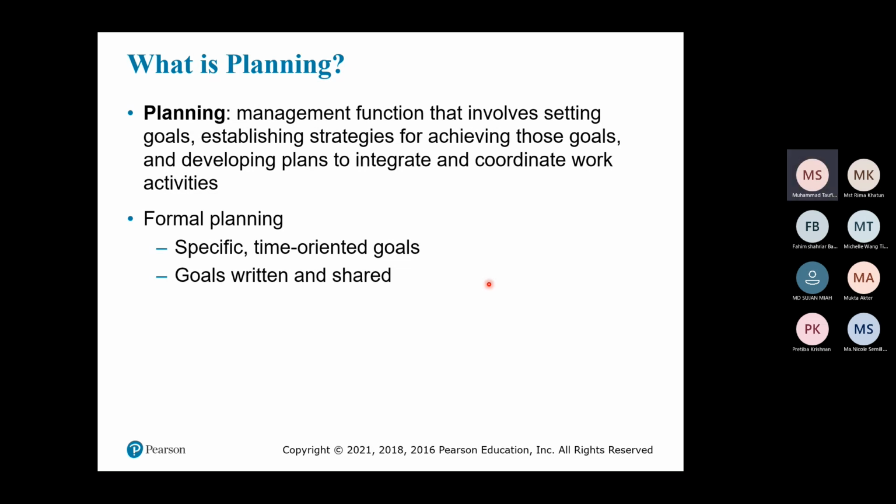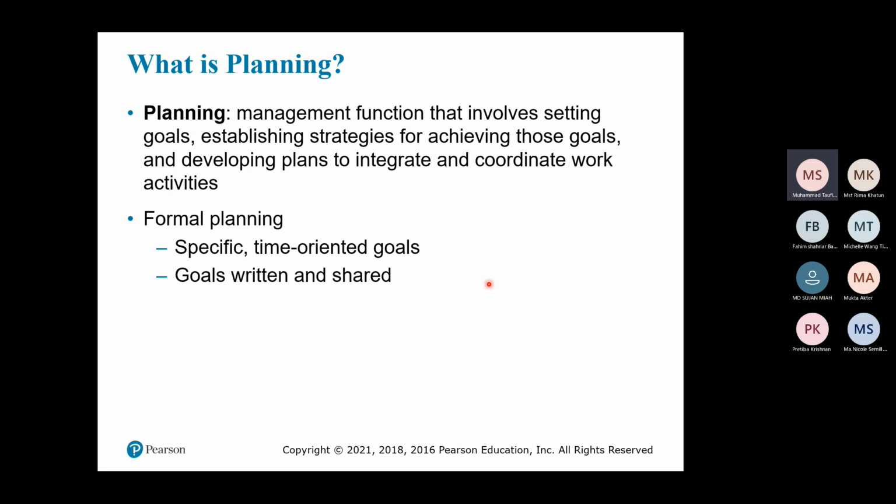From the strategy you expand, then you develop a plan. These are the three main things in planning: first, setting the goal; second, establishing the strategy to achieve the goal; and third, developing your specific plan from the strategy.